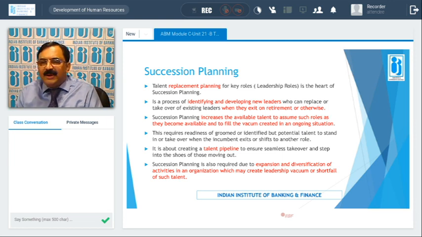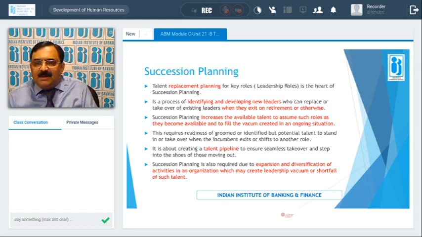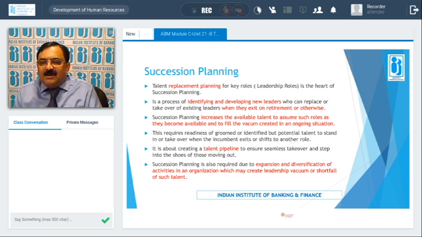It is more of a proactive method followed so that the continuous talent management can happen in a very effective manner. Succession planning also requires readiness of groomed or identified but potential talent to stand in or take over when the incumbent exits or shifts to another role.